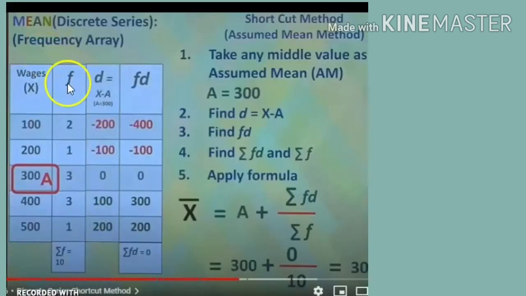You can see the question to find the mean. It's given as 100, 200, 300, 400, 500 as wages, and frequency as 2, 1, 3, 3, 1. Sigma f, here that notation has been taken. Both formulas are the same. Here you have to keep in mind: always write the formula with sigma f, it is better.